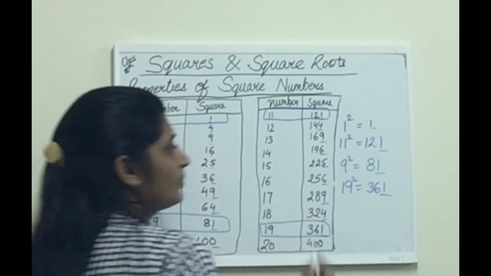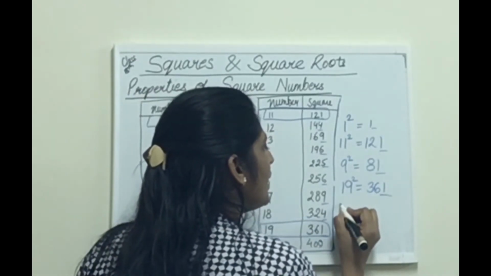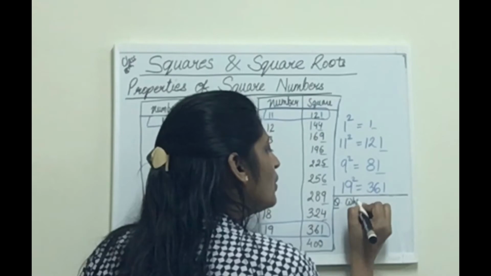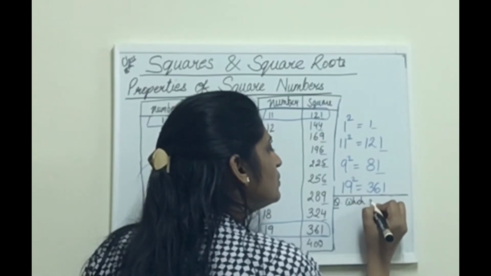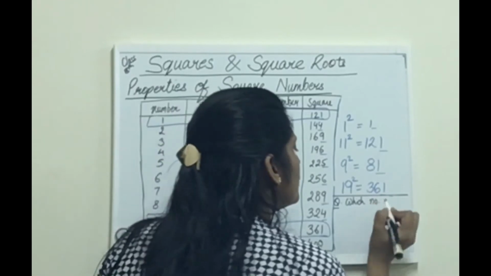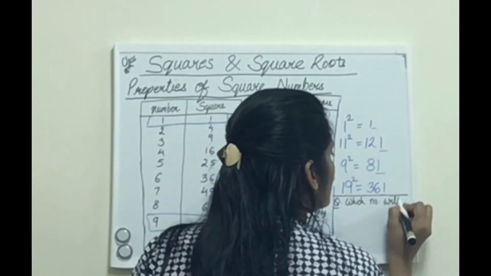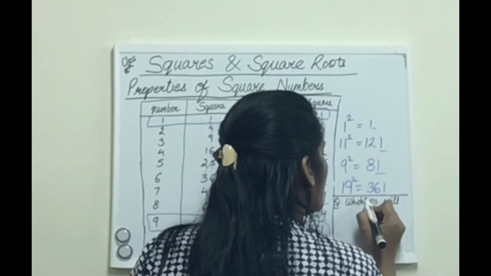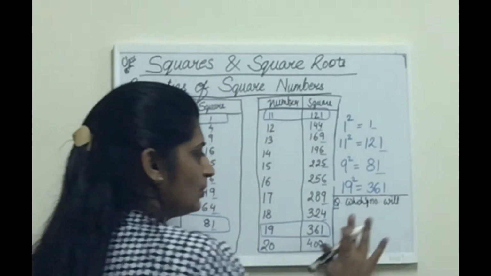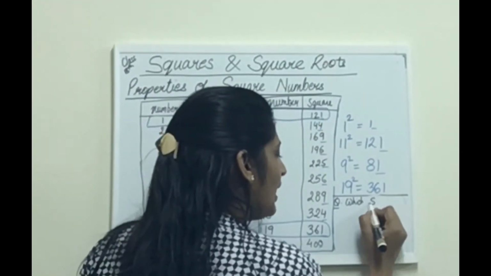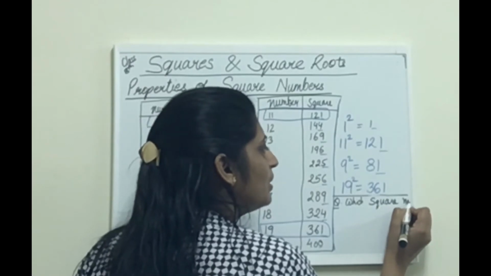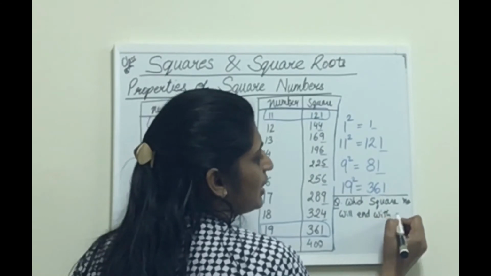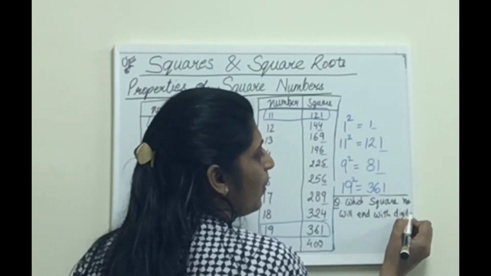Here's a simpler question for you. Which square number will end with digit 1?